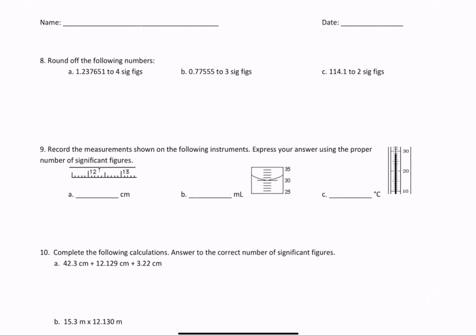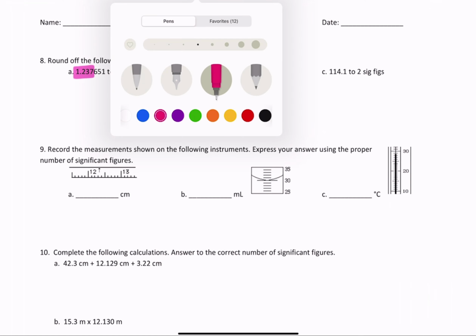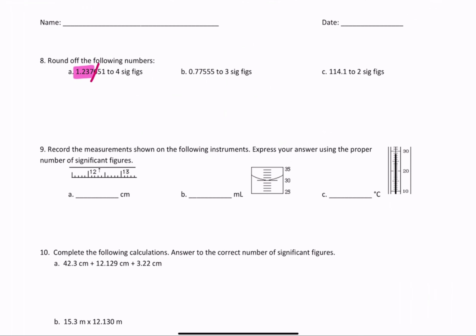So let's take a look at this. For the first number, we want 4 sig figs going from left to right. This is the 4 sig figs I will keep. Therefore, I want to drop a 6. If I drop 6, I need to round up. And to 4 sig figs, this number is 1.238.